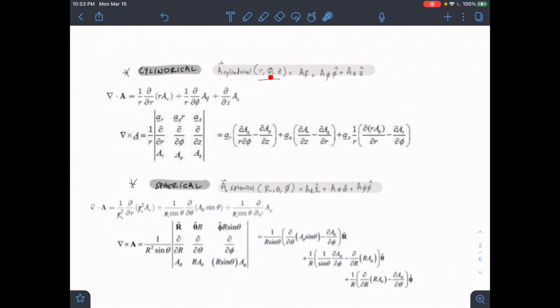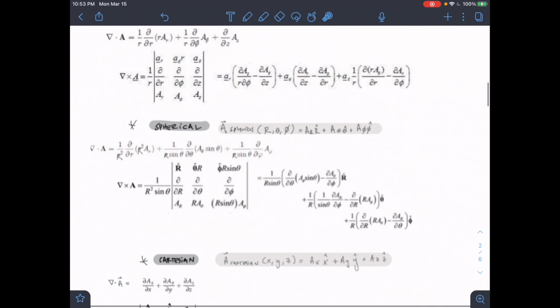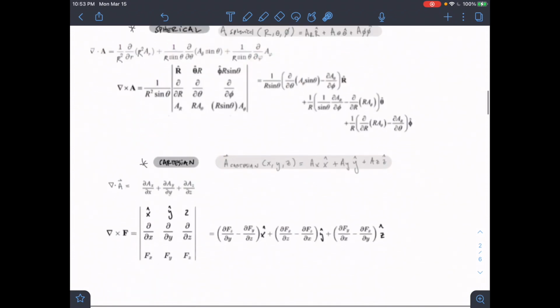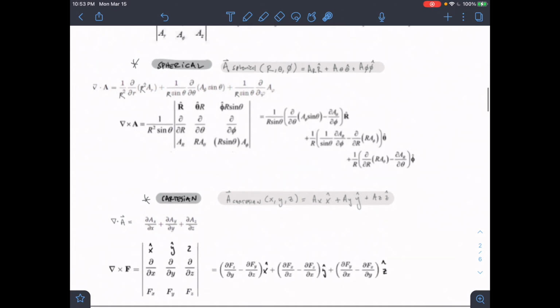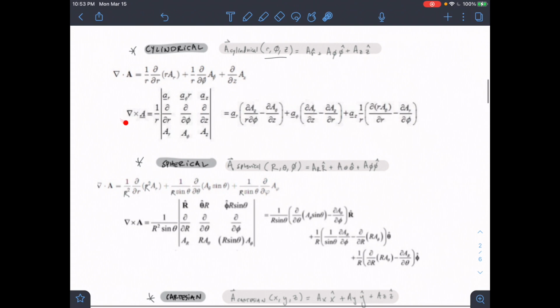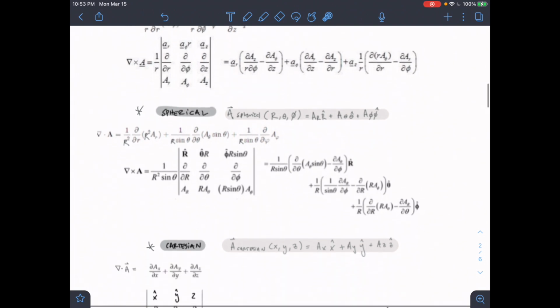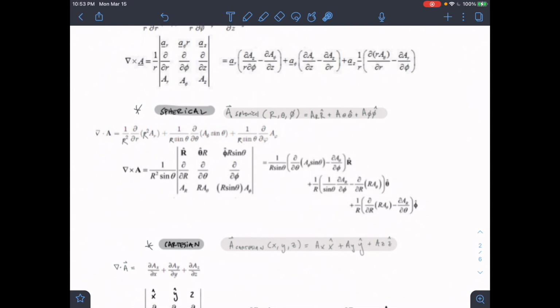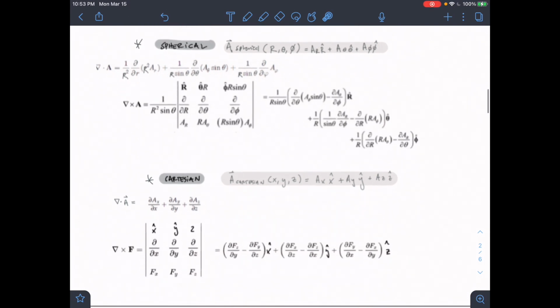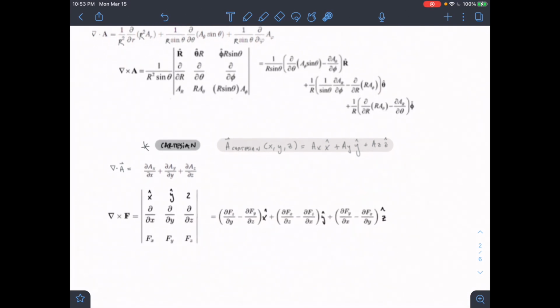So no phi hat or z hat direction in this, and no r hat, theta hat, or phi hat direction in this, or no x hat, y hat, or z hat direction in this. Same for all of these. However, the cross product, the del operator cross A, is a vector. So there will be vector directions, as you can see in the solution components here. This cross product will give you a vector direction.